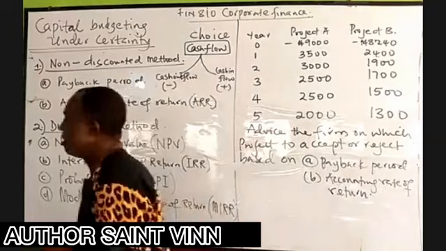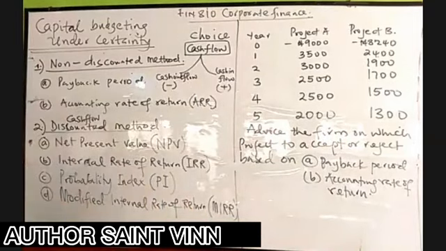We're dealing with the non-discounted cash flow method. Is it clear?